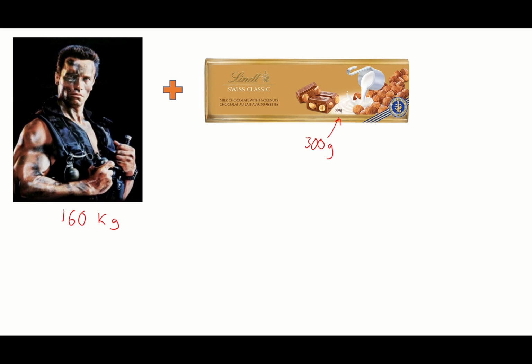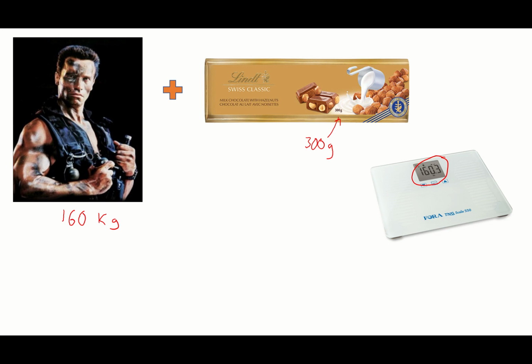So if I eat this chocolate and then hit the scales, you will see that my mass, or my weight as we say, is 160.3 kilograms, as we can see here. That means whatever I've consumed, because I've eaten the whole bar, is quantified as my total mass.